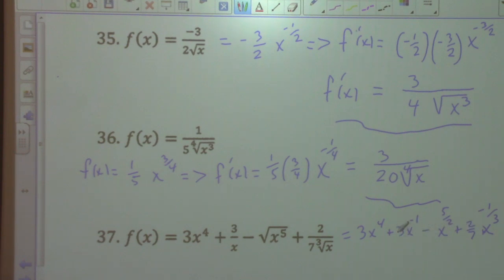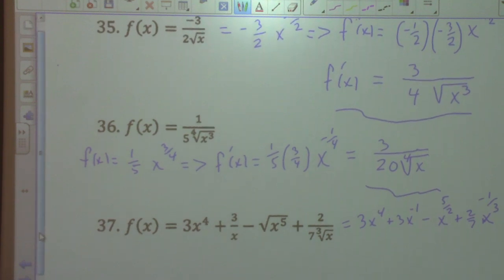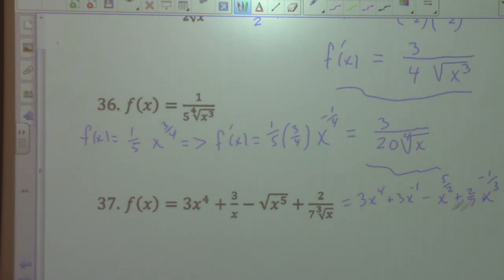I don't know if that's what you got for your rewrite. And then after you have your rewrite, then taking the derivative. Do you have any questions about the rewrite at all?